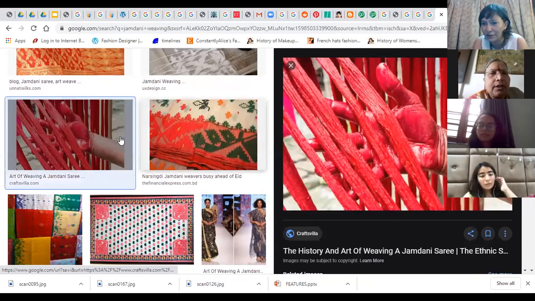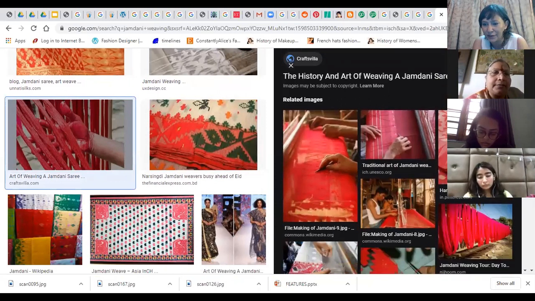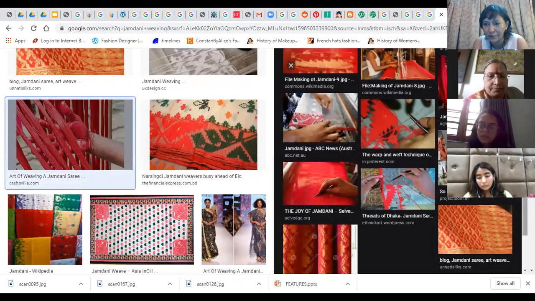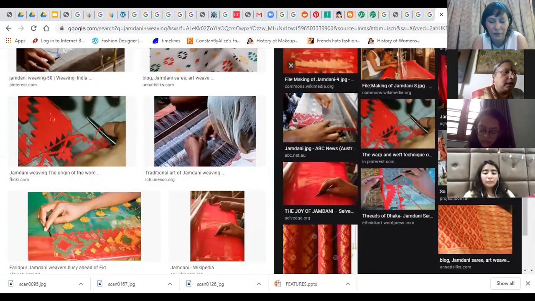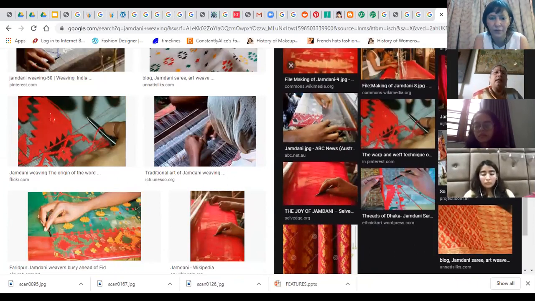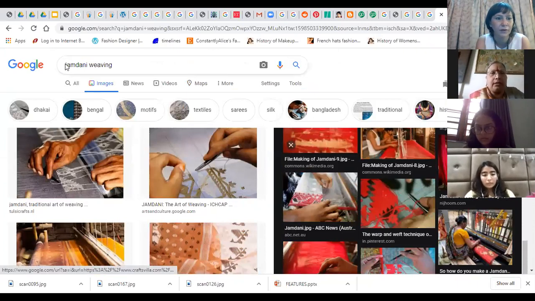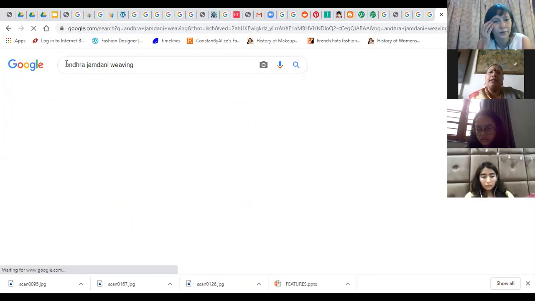And then there is a third kind of Jamdani, which is made in Andhra Pradesh. Andhra Pradesh Jamdani is a finer version than the Dhaka Jamdani, but it's lesser than Tanda Jamdani.